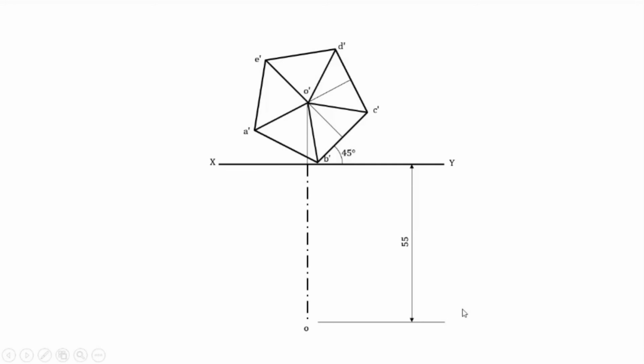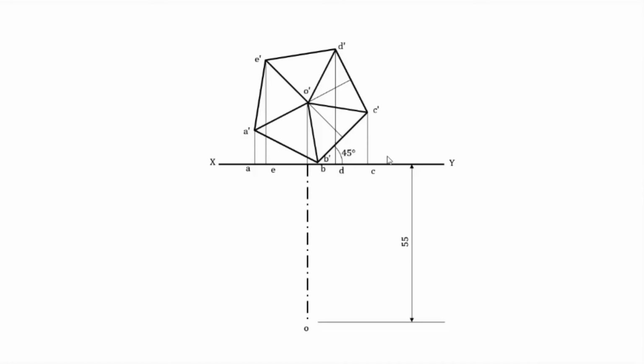Now we have to find out the points A, B, C, D and E. B will be the same point as B dash, so we don't need to draw a projector line for it. Otherwise, you draw the projector lines from A dash, C dash, D dash and E dash. For these 4 edges, you have to draw the projector lines. And these points are marked as A, B, C, D and E respectively.